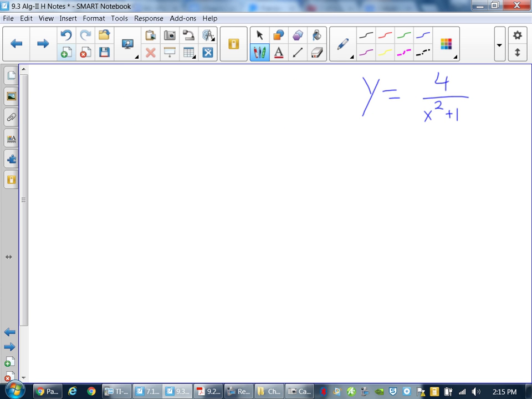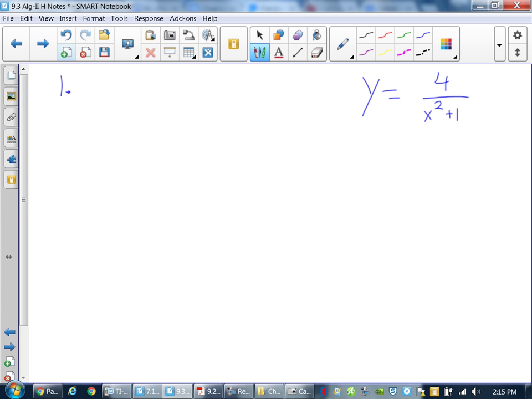Let's do this one. y equals 4 over x squared plus 1. And let's go through the whole process of each step. Okay? All right, so now let's go off what we know.